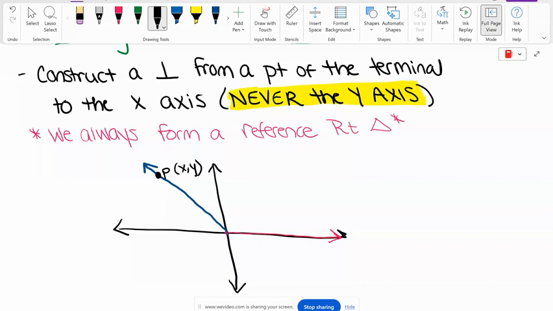What you're going to do is go from that point P and drop down a perpendicular to the x-axis. Your theta will be here. The bottom side of this triangle will be x units long.